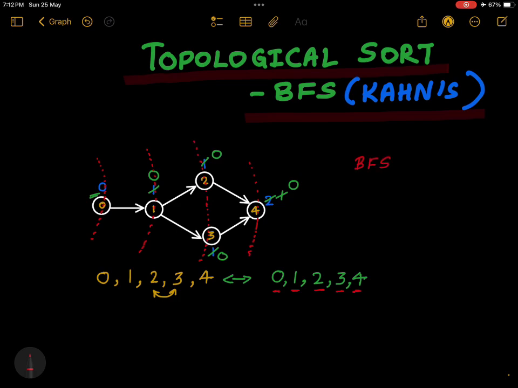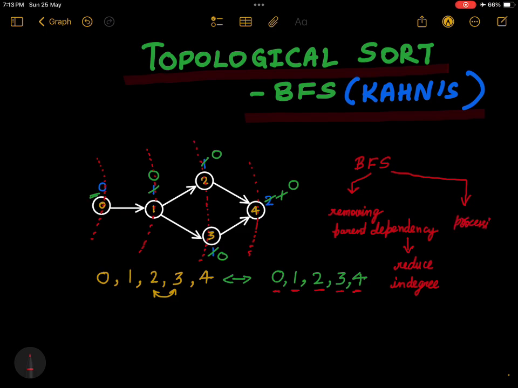So if you observe, we are doing nothing but a BFS traversal here. And what we are doing during BFS is removing the parent dependencies in every next level, that is reducing the children nodes' in degree by 1. Okay, I mean reducing their in degrees.